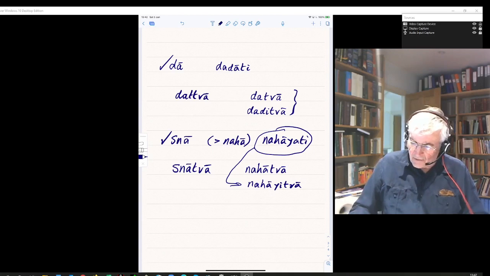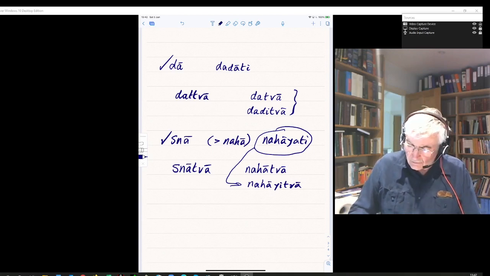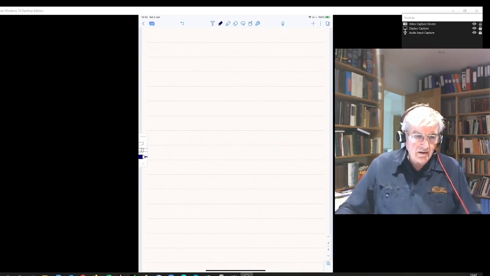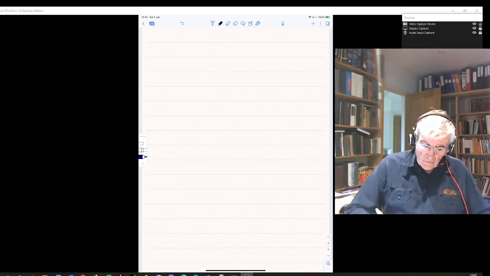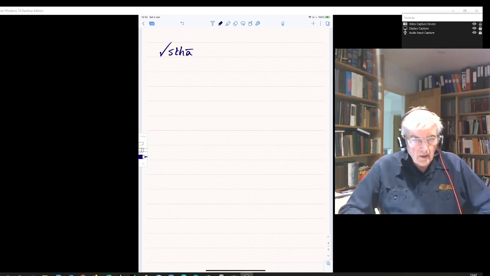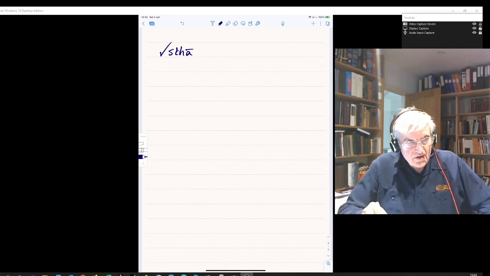Now look over to page 9. Tittati, tatva. Okay, so we have in our root sta. You would expect to see sthatva, but it's slightly irregular. In Sanskrit, even the a becomes an i.